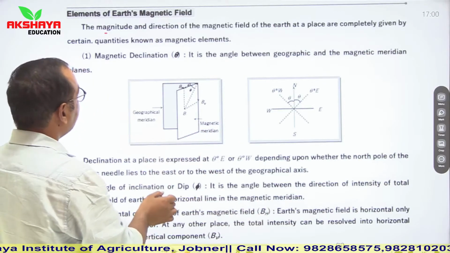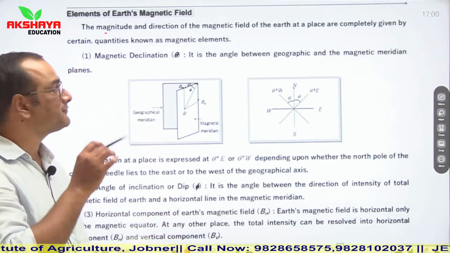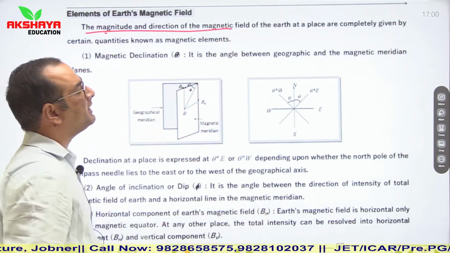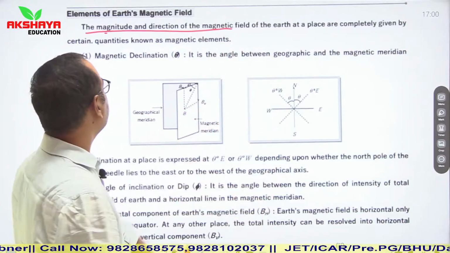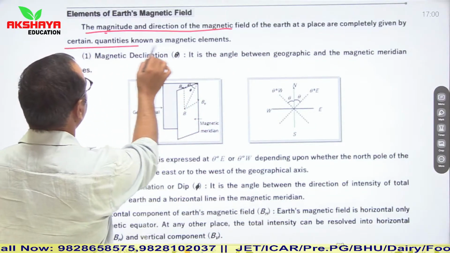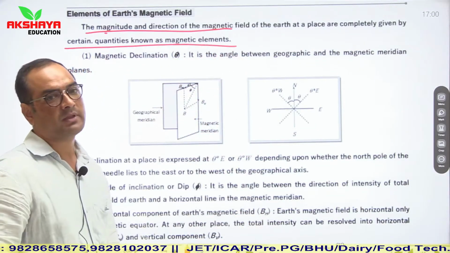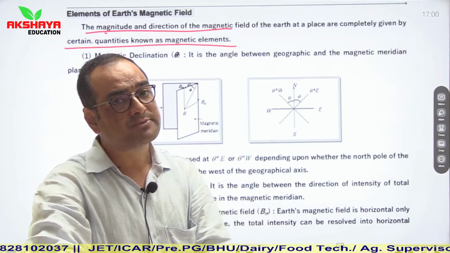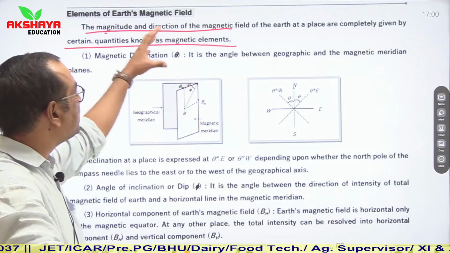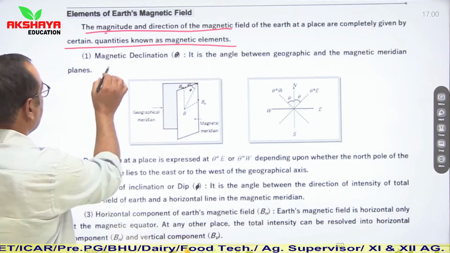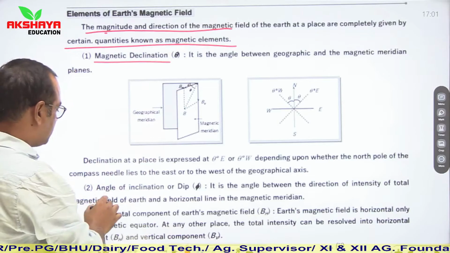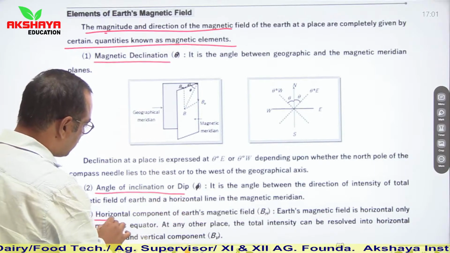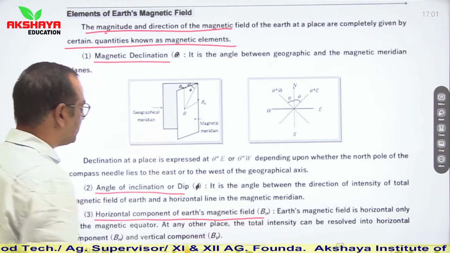The magnitude and direction of the magnetic field of Earth at a place are completely given by certain quantities known as magnetic elements. So the magnetic field of Earth is explained on the basis of these magnetic elements, which are magnetic declination, angle of inclination or dip, and the horizontal component of Earth's magnetic field.